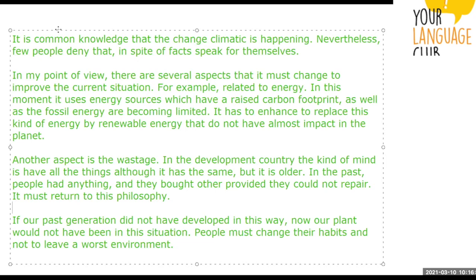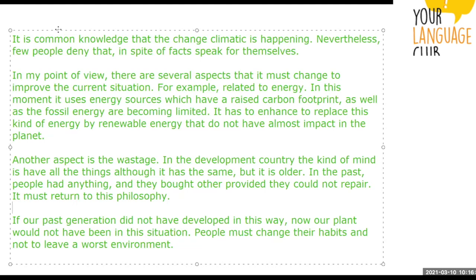Okay, and Beatriz, can you read the next paragraph, please? Yes. Another aspect is the wastage. In the development country, the kind of mind is have all the things, although it has the same, but is older. In the past, people had anything, and they bought other provided they could not repair.